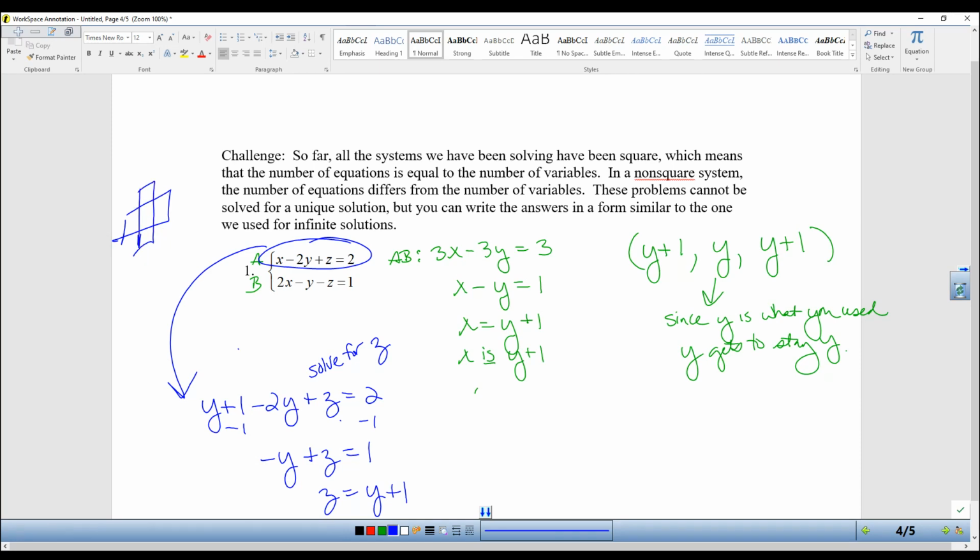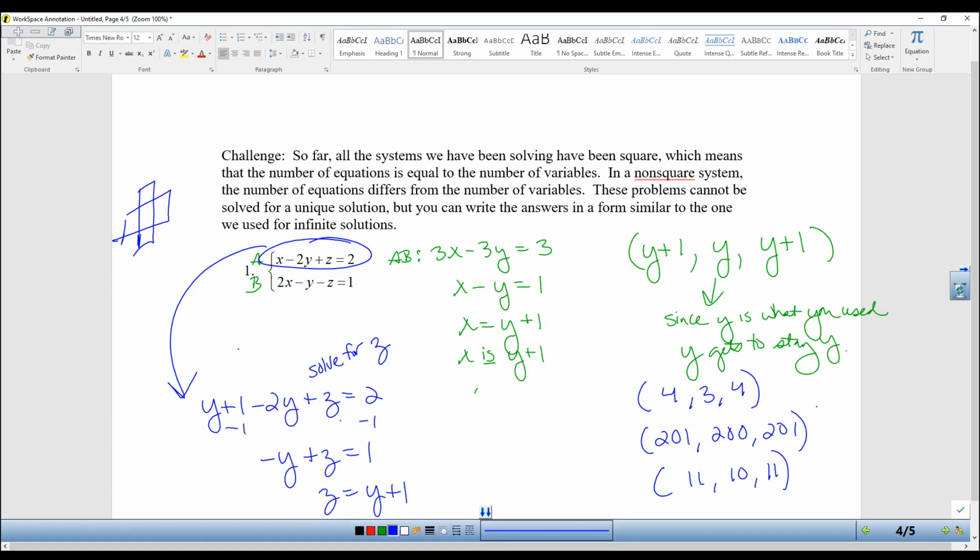There are an infinite number of solutions, but not every ordered triple is a solution. Only ones that follow this pattern. So 4, 3, 4, 201, 200, 201. I could plug any of these ordered triples in, 11, 10, 11, and any of these ordered triples should work in there.